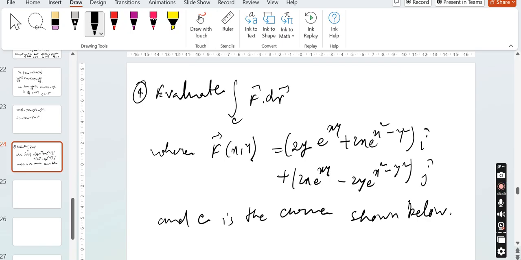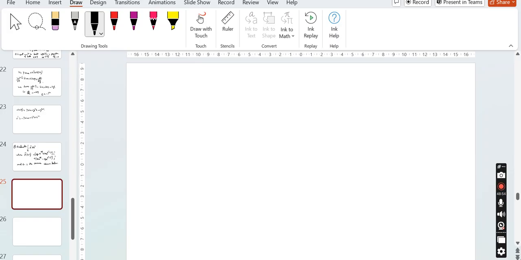So here you can see that we need to do the integration with respect to C.